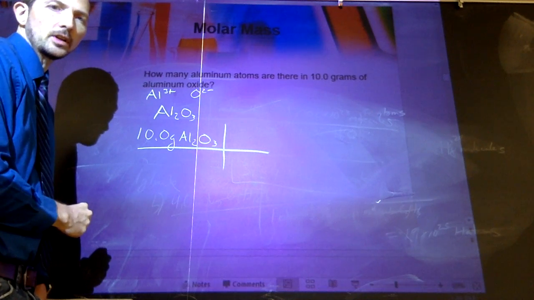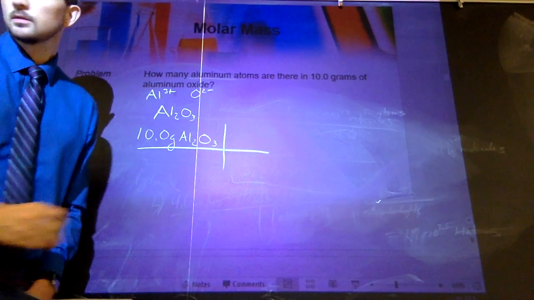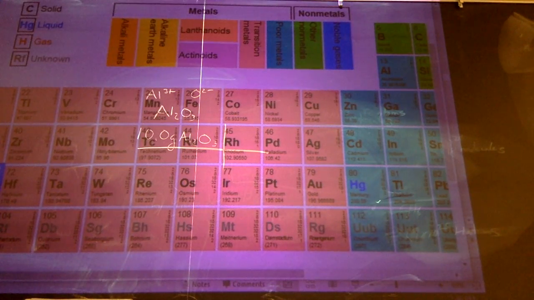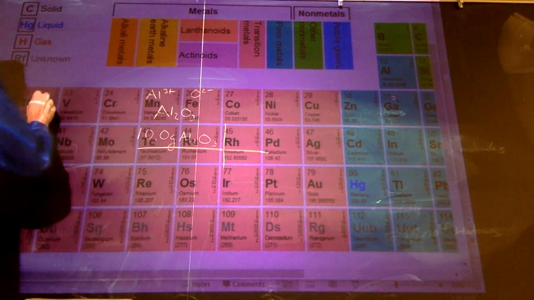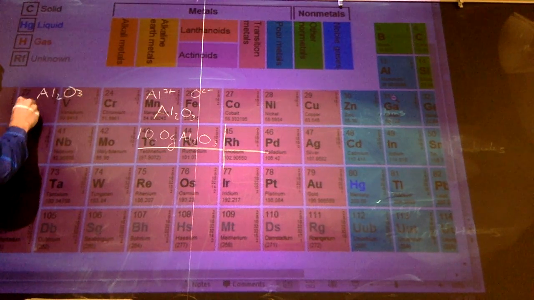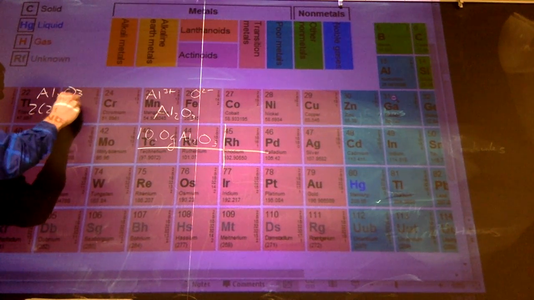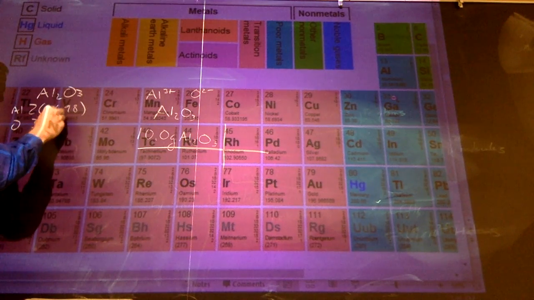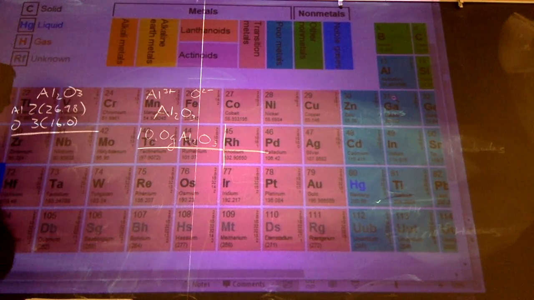Now again, I want to look at the periodic table. Looking at aluminum, 26.98. Oxygen, I'm going to take 3 times 16.